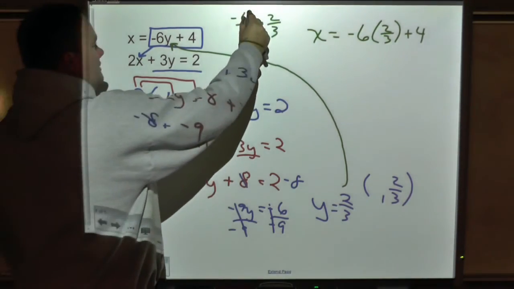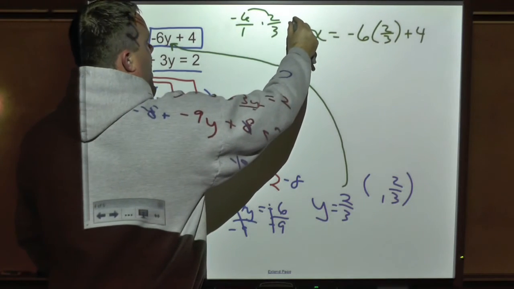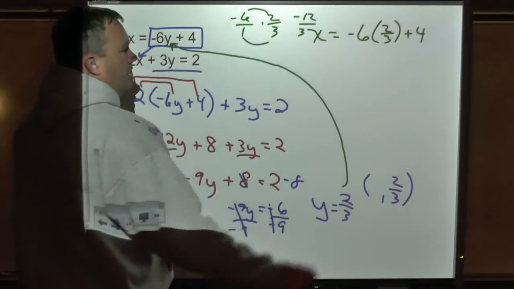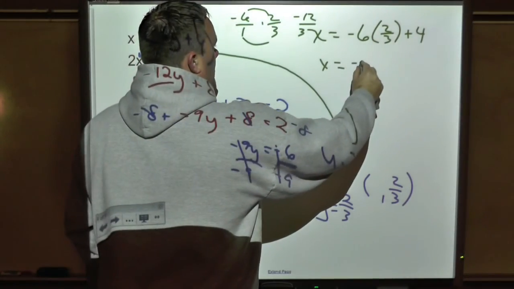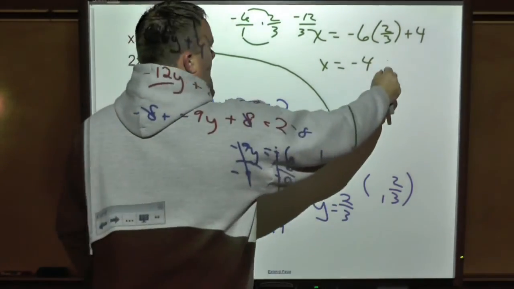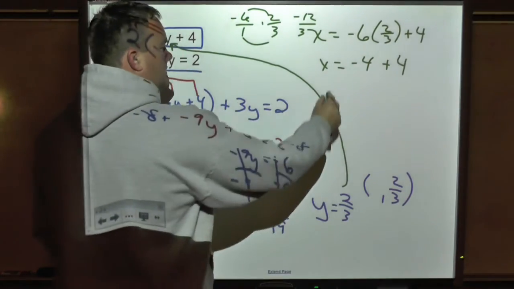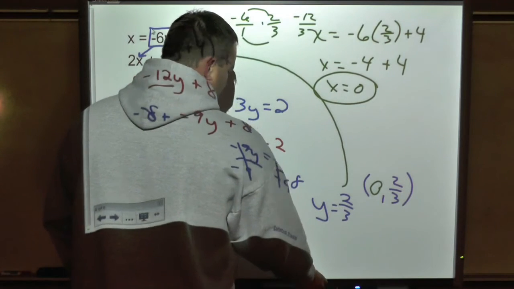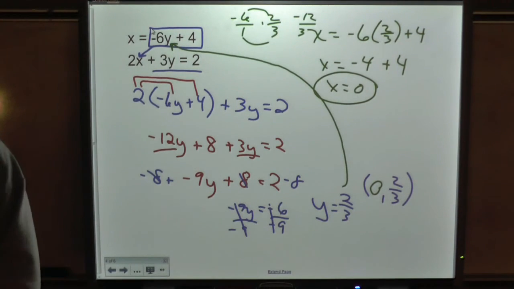Just multiply across. -6 times 2 is -12. 1 times 3 is 3. -12 divided by 3 is -4. Plus 4 is 0. So if you were to graph these two lines, they would cross on the y-axis at 0, 2/3.